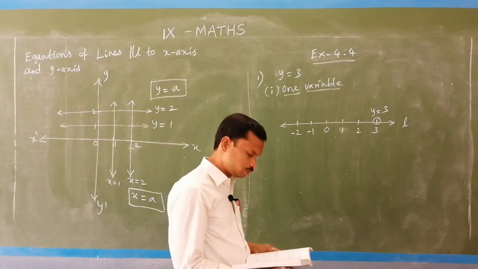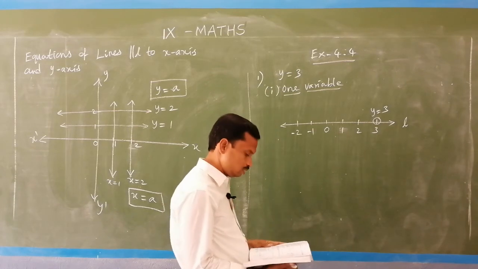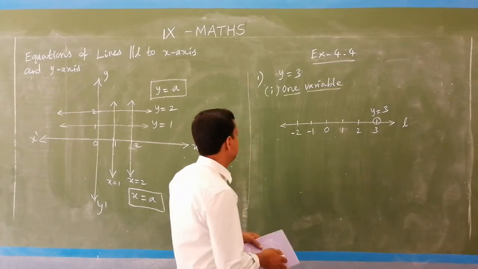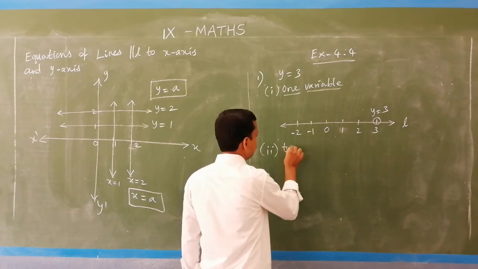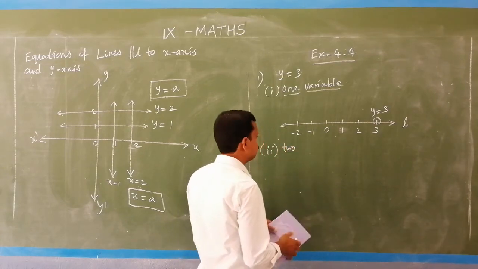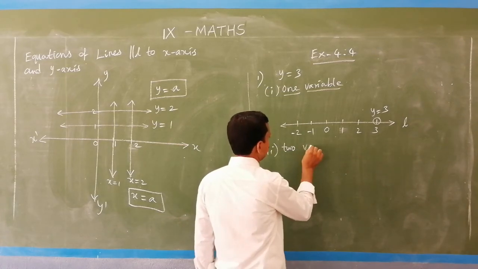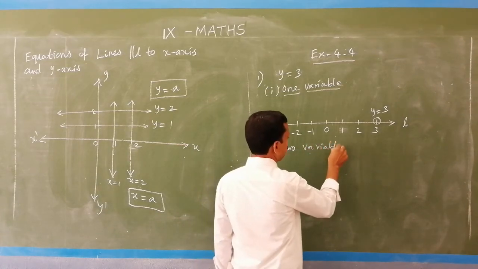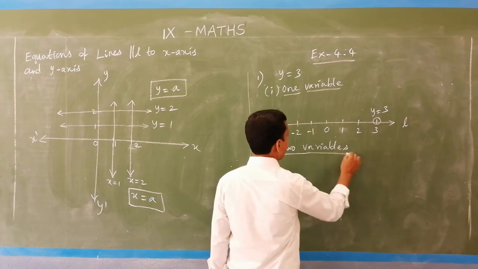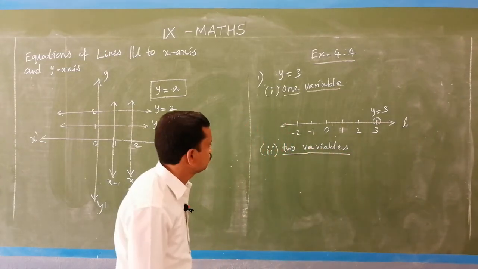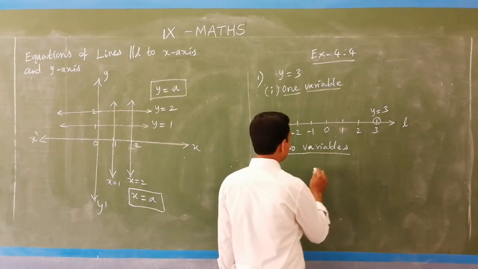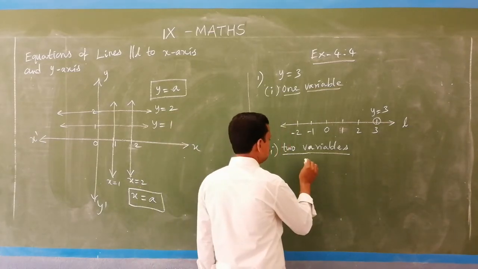So, they are asking to represent this y equal to 3 in one variable, and in two variables. Okay, in two variables we have to represent the same y equal to 3.